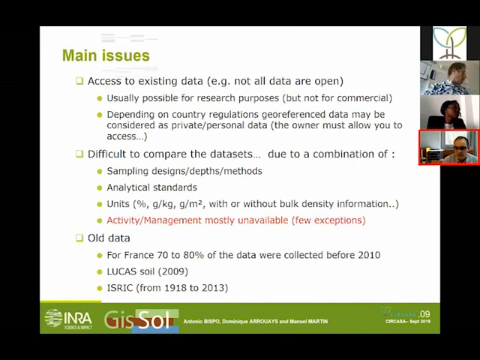And the ISRIC database that I showed you at the beginning is a global database. You can see the range of the data, meaning that the first data is from 1980 and then to 2013. So you can see you have very different kinds of data in all those databases, and usually it's not taken into consideration.